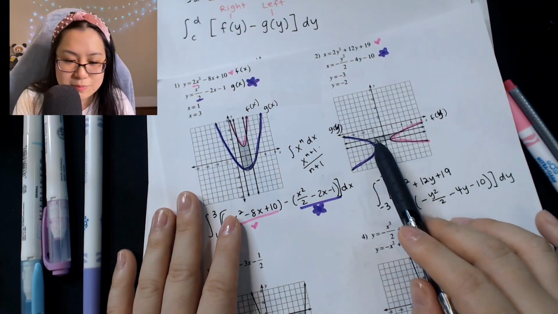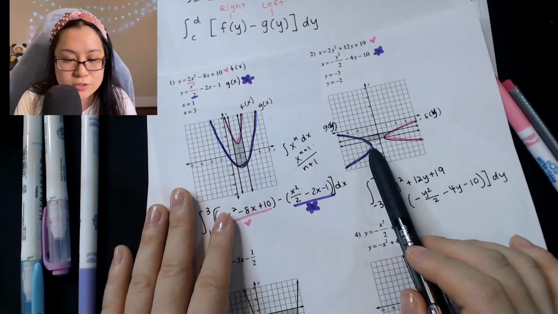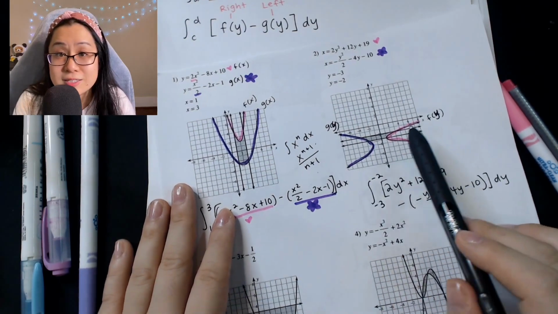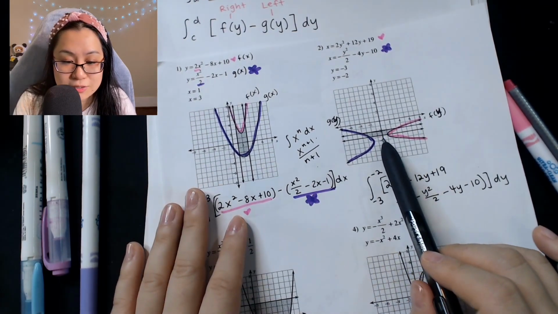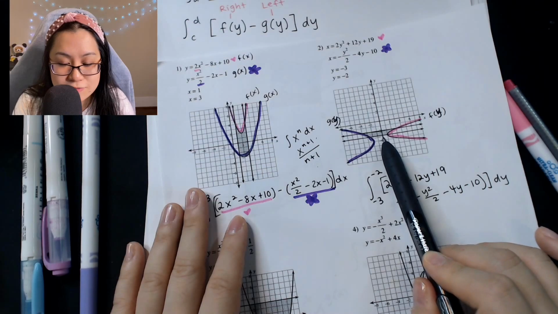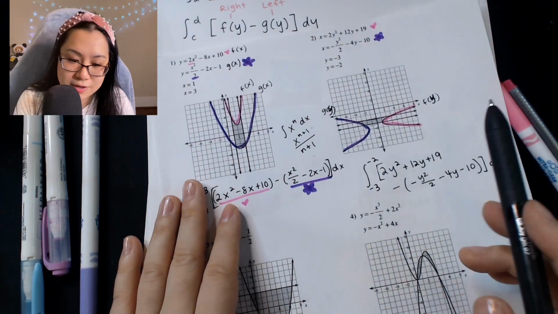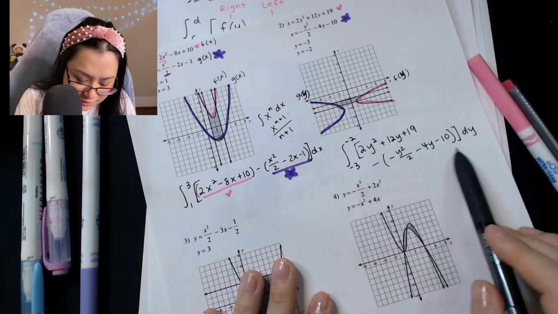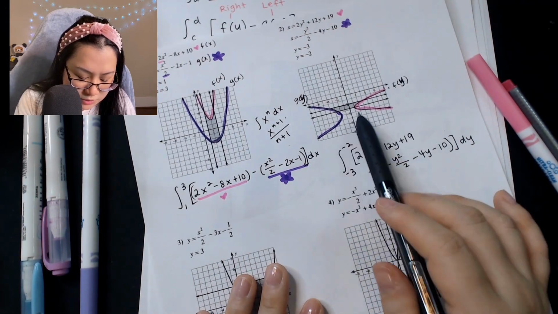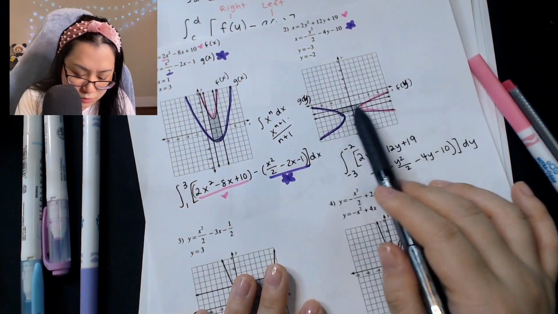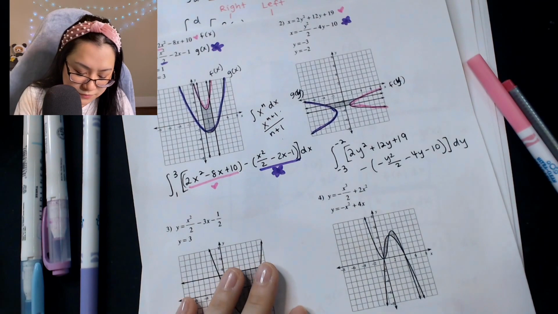It might be kind of confusing, but we are looking at horizontal lines, so we want to keep it consistent. The y values will go from negative 3 to negative 2. Okay, so that'll give us the area between these two over this interval.